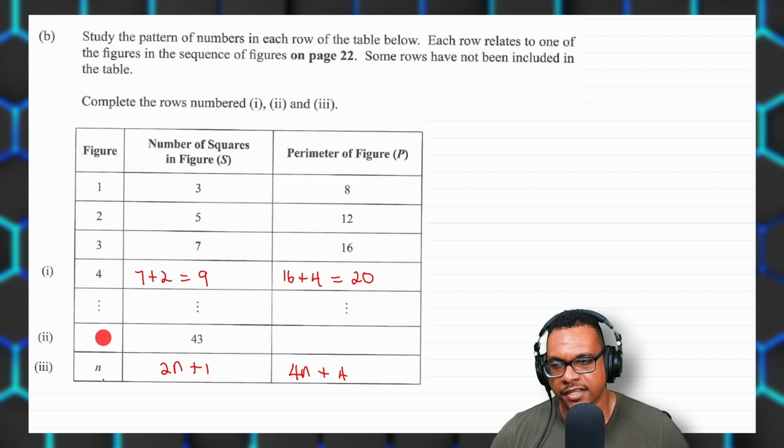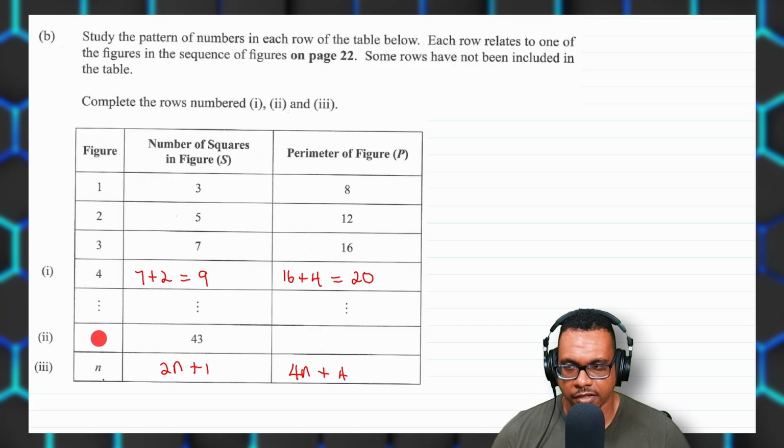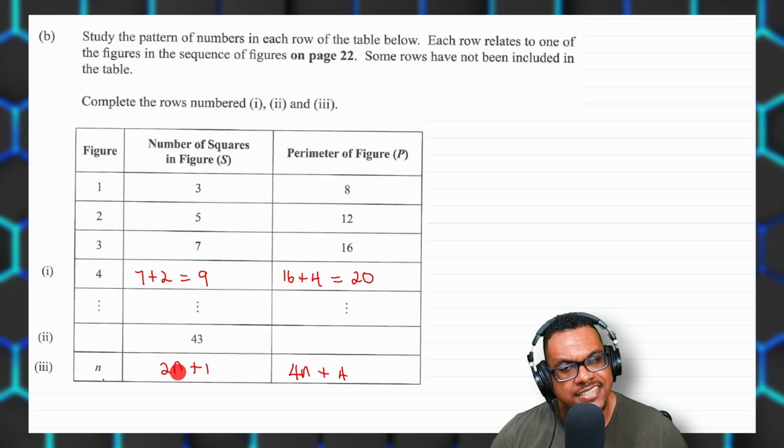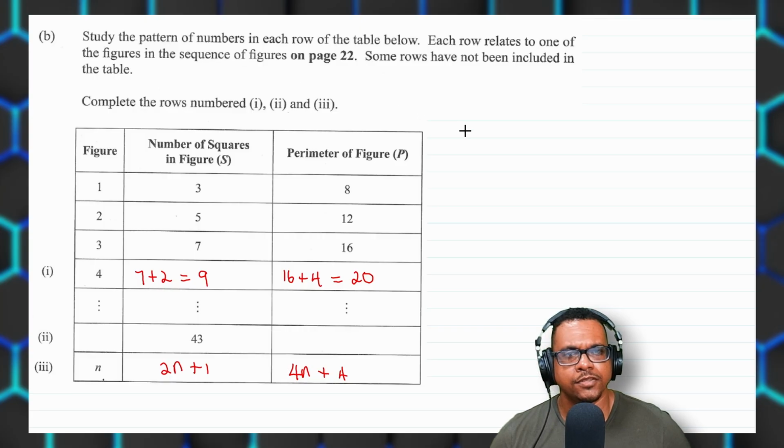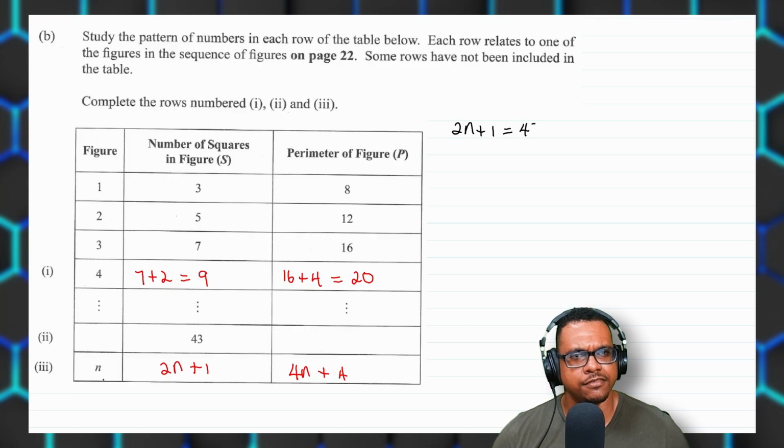Now, trying to figure out part 2, what number should come here and here. Let's work with the figure number first, because we have 43 as the number of squares, and the nth term for the number of squares is 2n plus 1, where n is the figure number. So if you want the figure number here, I'll just put this equal to this and solve for n. So I'll have 2n plus 1 is equal to 43.